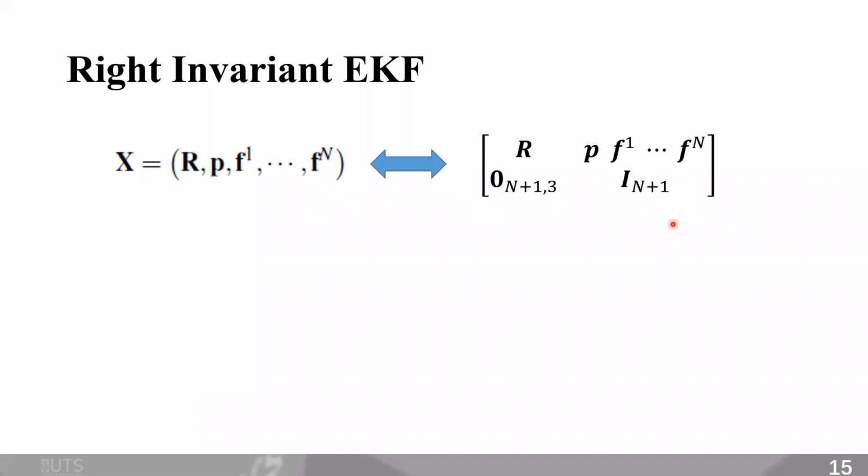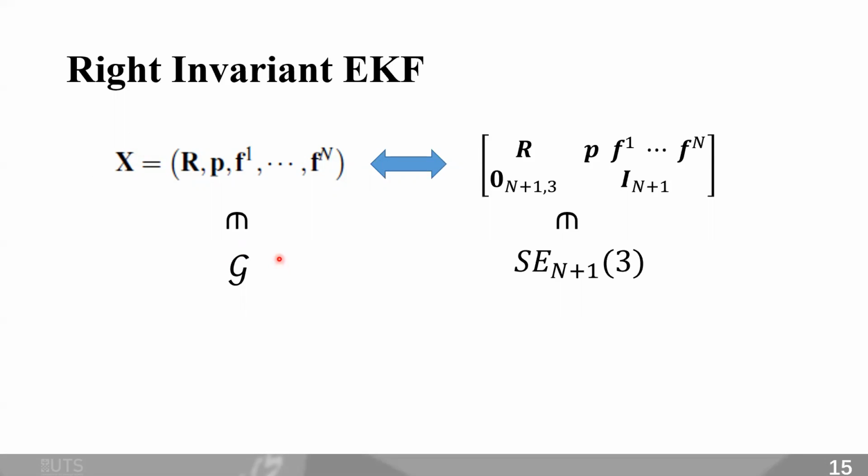The right invariant EKF is based on a Lie group. A state vector is shown on the left, and we can equate this state vector with the square matrix on the right. The square matrix is n plus 4 by n plus 4. Denote the calligraphic G to be the set containing all state vectors.